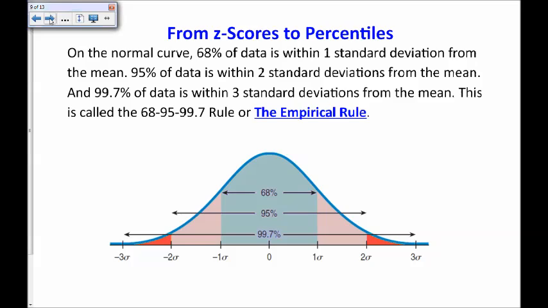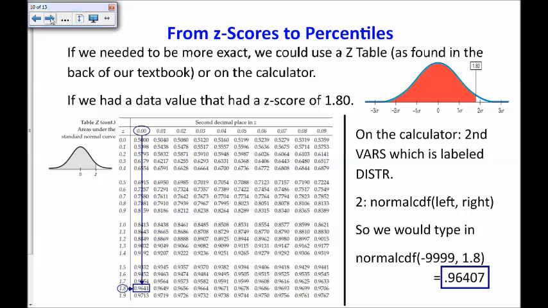This is called the 68-95-99.7 rule, or it's also called the empirical rule. This rule of thumb gives us an idea of how much data is within one, two, or three standard deviations of the mean.